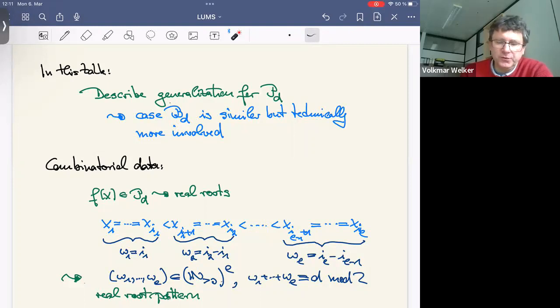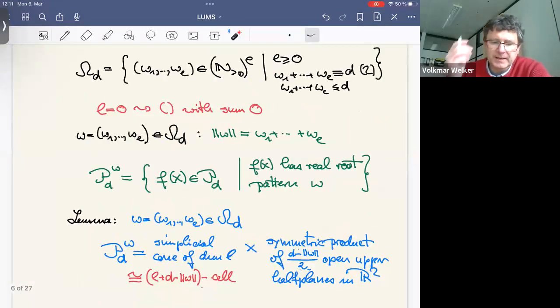Now we want to reverse the approach. Instead of starting with a polynomial and considering a real root pattern, we now want to collect polynomials that exhibit the same real root pattern. For that, we first collect all our root patterns in a set omega d.